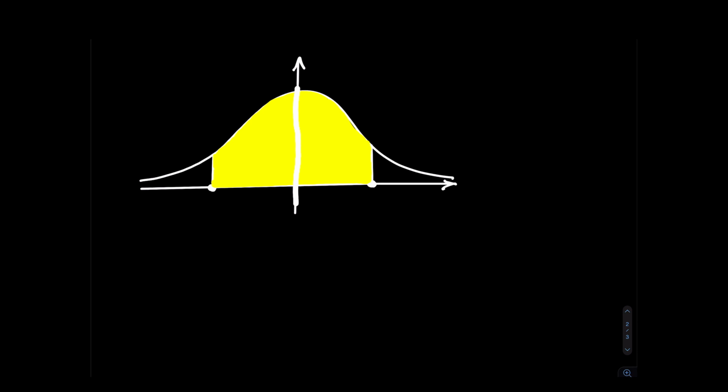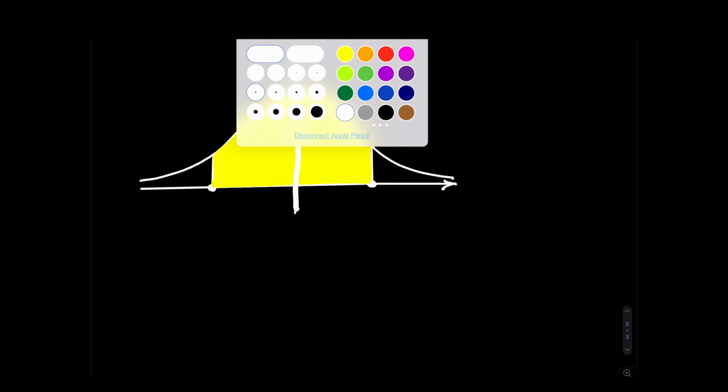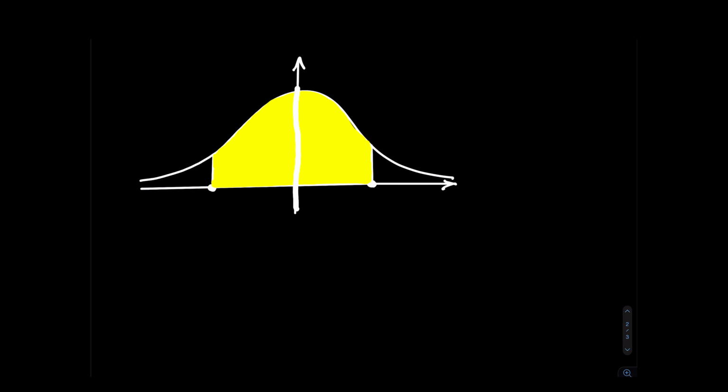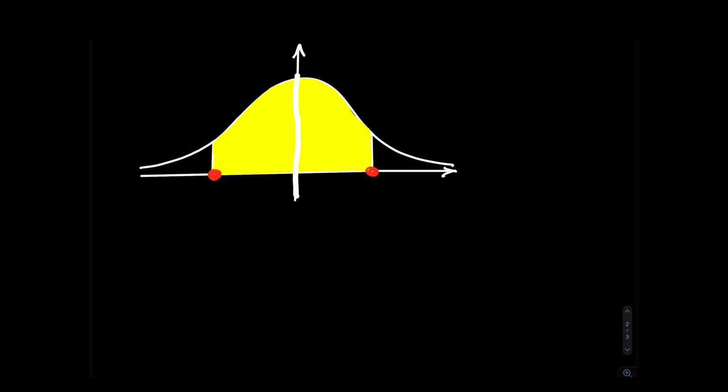I want to draw that so you guys can see it. All right, so I'll use a different color here. This yellow shaded area, guys, is the area inside, in the belly of the normal distribution, I call it. And say this area is, I don't know, 90%, let's say.